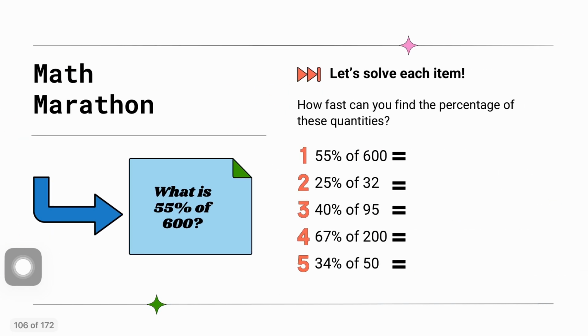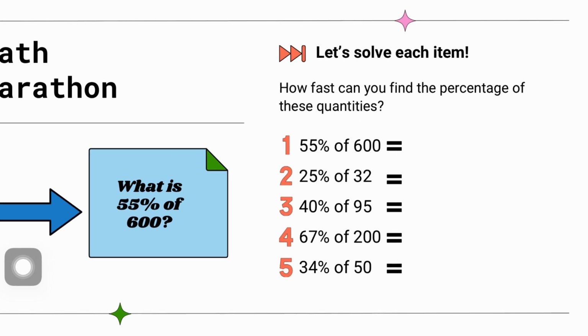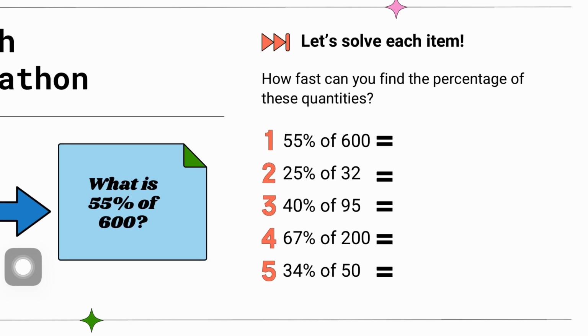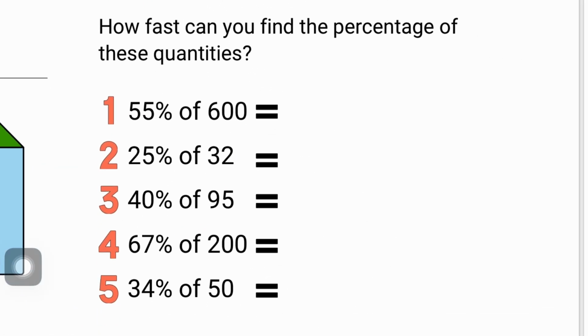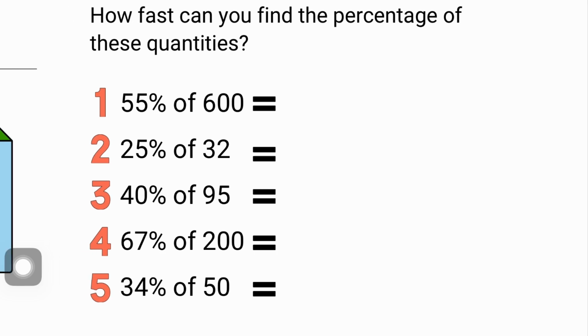Now let's try to solve the following items. So let's find the percentage of these quantities. Now we are answering: what is 55% of 600? What is 25% of 32? What is 40% of 95?